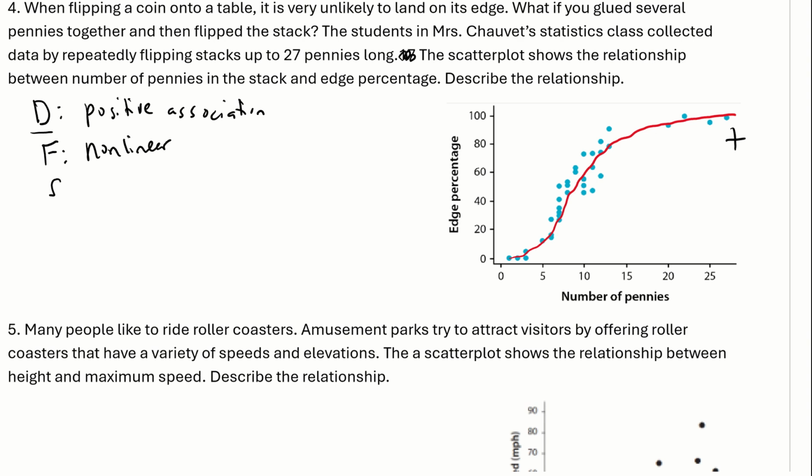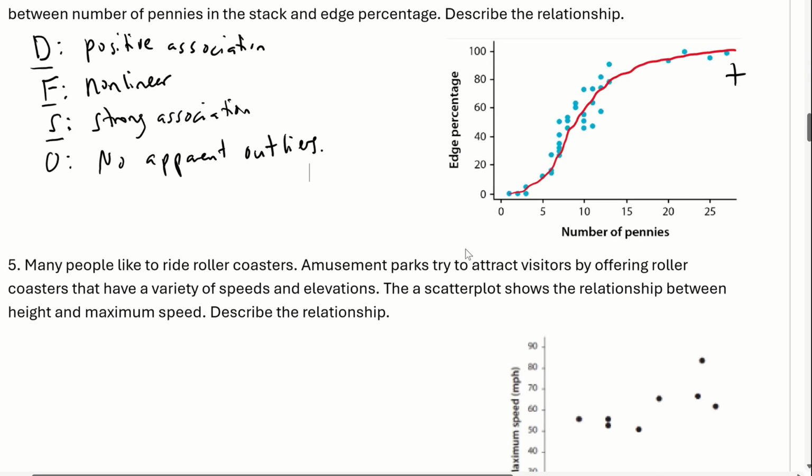The strength looks pretty good, actually. A lot of the points are pretty close to that, so I would say it's pretty strong, since most of the points are pretty close to that curve, right? And then outliers, there don't appear to be outliers, so no apparent outliers. Okay, all right, that's it for number 4.